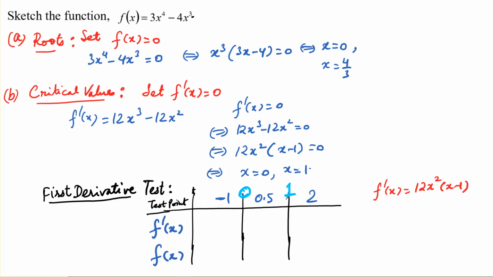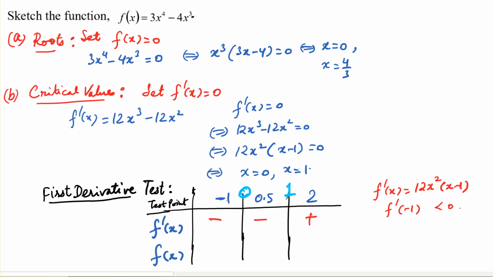Now we decide, when we put x equal to -1, what the value of the slope is. This is our slope function, the derivative. If you put x equal to -1, you get a negative slope. If x is equal to half, again we get a negative answer. And if x equals 2, we get a positive slope.